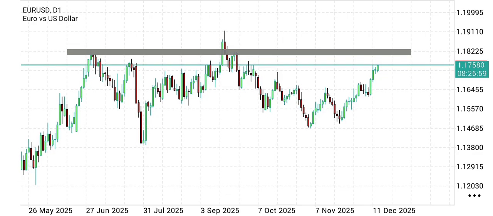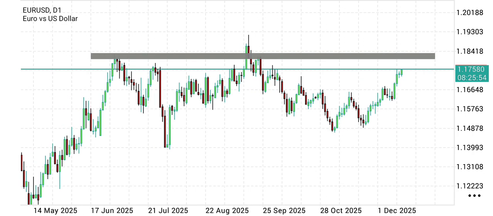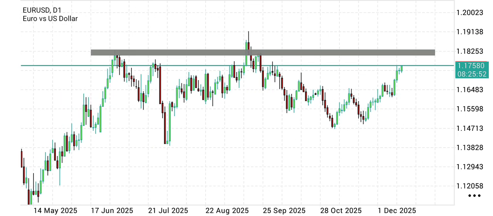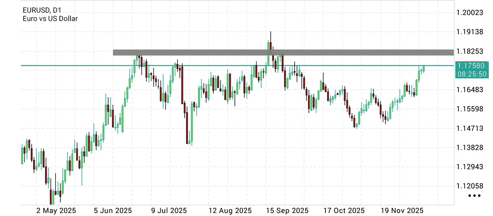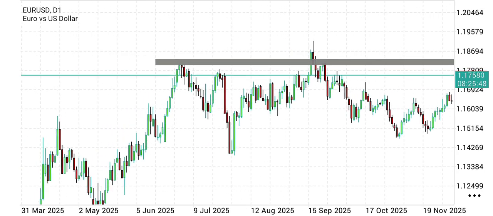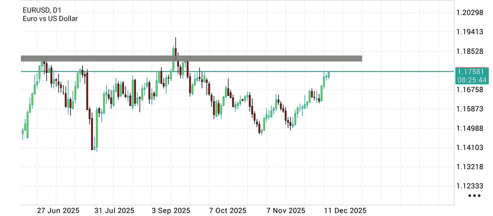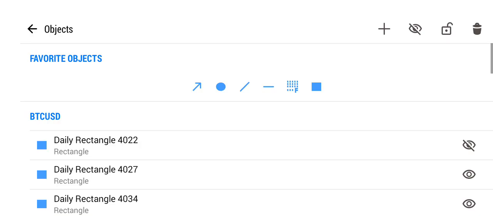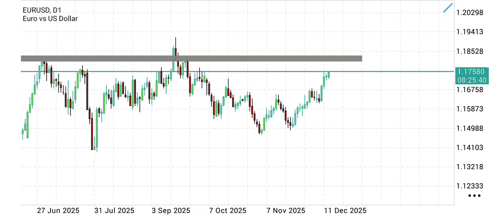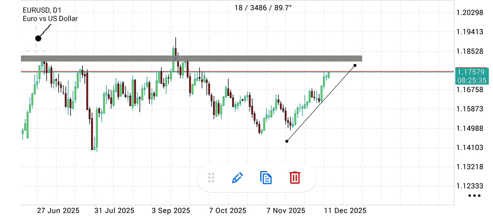On the daily right now, we can see that the market is making higher highs, higher lows. So I'm just going to absorb all the critical zones. I'll take my trend line and place it just like this, because you see we're making higher highs, higher lows, higher highs, higher lows.